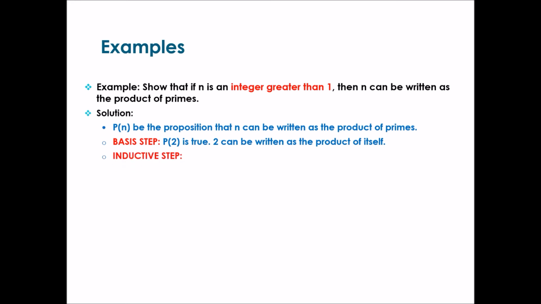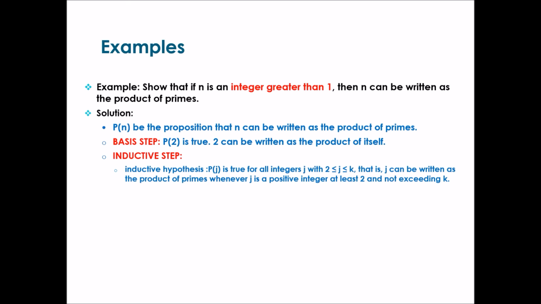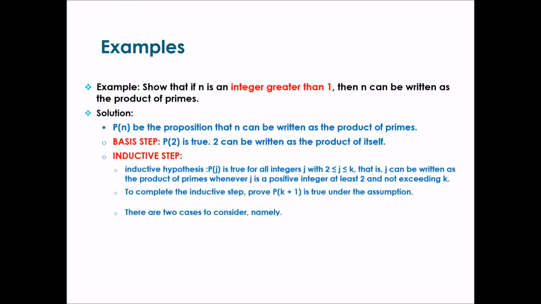Now inductive step. Now this is a little tricky. Inductive hypothesis: we will assume that Pj is true for all the integers j between 2 and k. So using the infinite ladder, I told you that you have to reach every step before k plus 1.